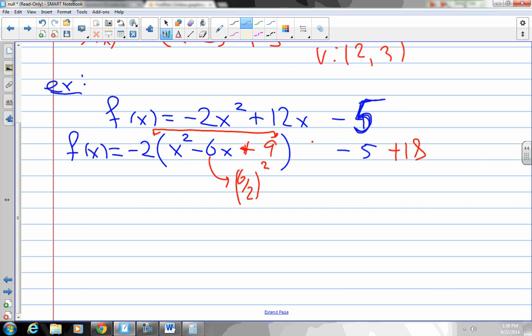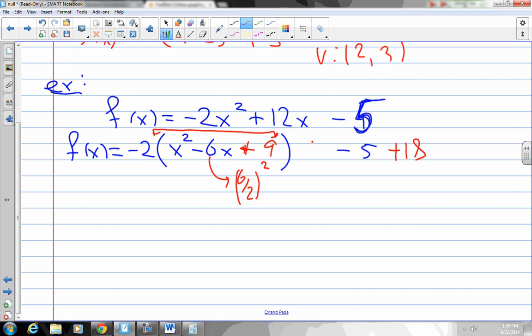So we added 18 to offset us subtracting 18. Because look, if you were to distribute the -2, let's do it in our head, you'll get -2x squared plus 12x minus 18, right? And then you have a plus 18 to offset that. So it's still the same function that you started with. All right.